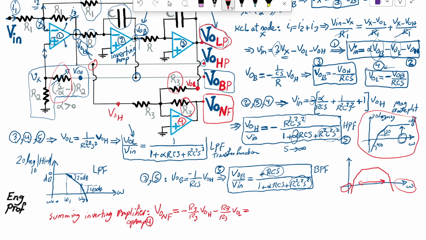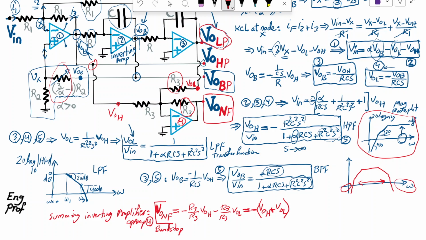So effectively, we know that V out notch, or bandstop, you can also say bandstop, notch filter is equal to simply the summation of V out high and V out low. That's it. You're just adding them together with a negative gain of -1.